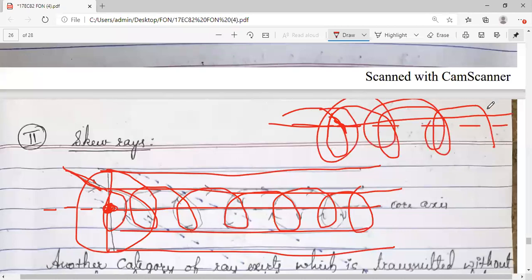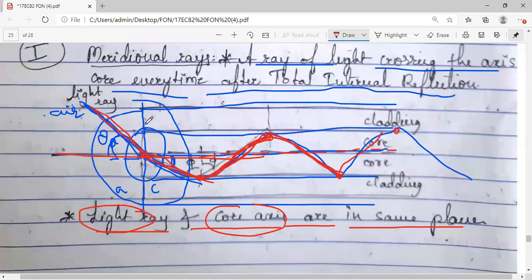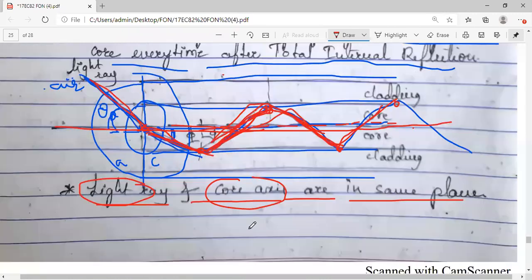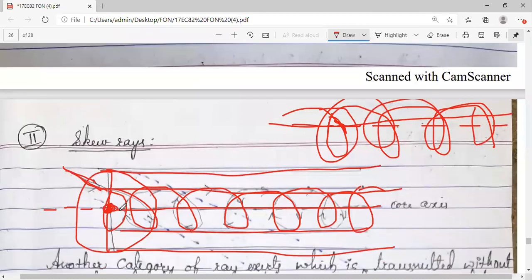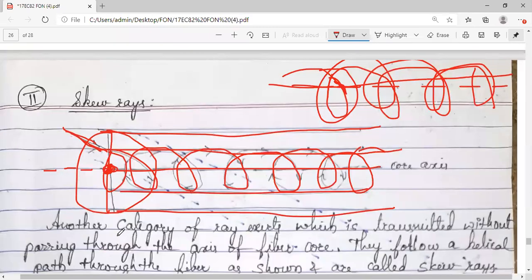In that way the waves travel, unlike the meridional rays where total internal reflection takes place and the core axis and the ray passing are both in the same plane. Here the case is completely different. The ray passes in a helical-like structure.